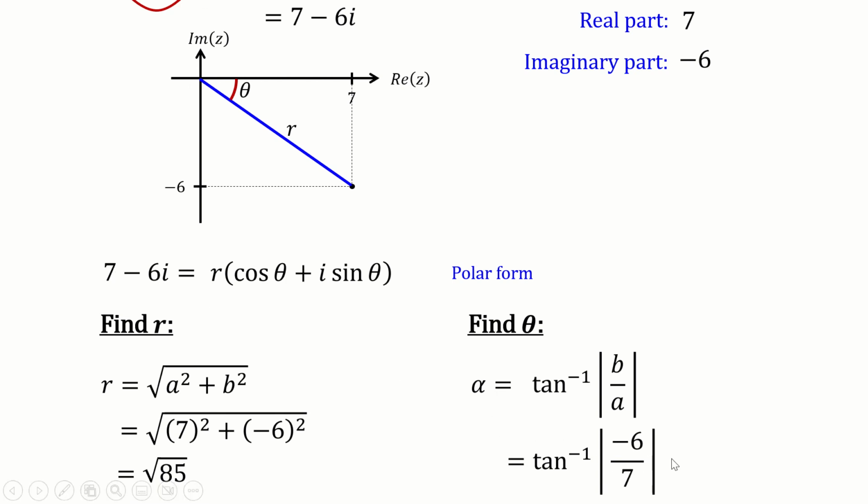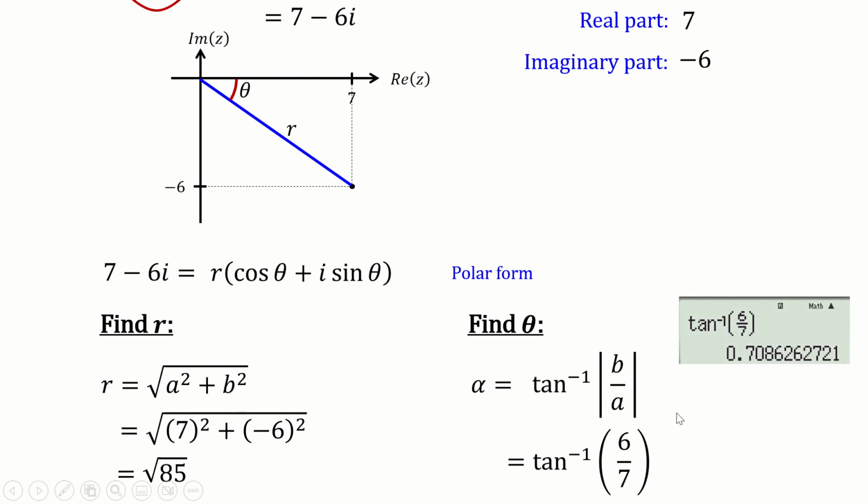We have the modulus here, so we change the negative to become a positive. So this is equivalent to arctangent of 6 over 7. And then we can press the calculator to get the value. Arctangent of 6 over 7 is 0.7086 radians, so in radians.